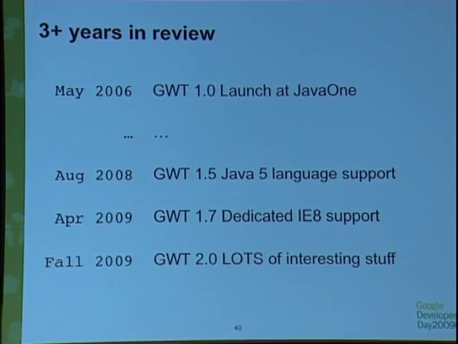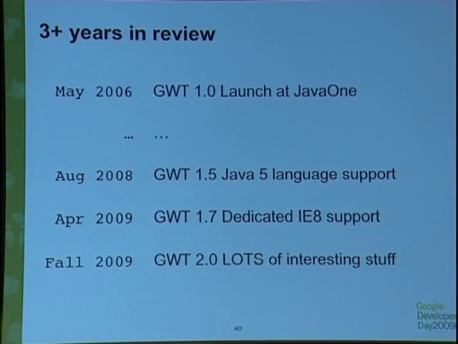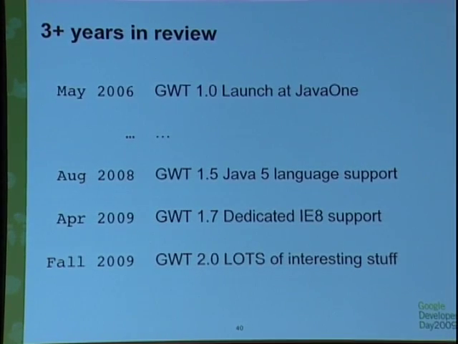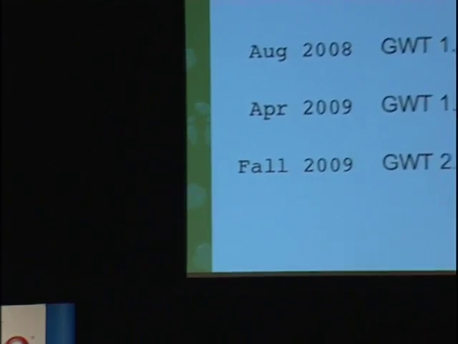Right now we're working on the 2.0 release, which should be out before the end of the year. And it really has an amazing set of features. It has a lot of features that were needed by the Google Wave team and allowed them to do some of the great things that they have done. So if you've tried it before, definitely come back and try it again.